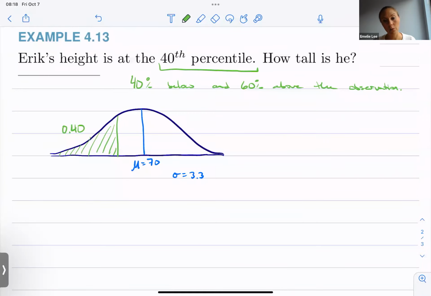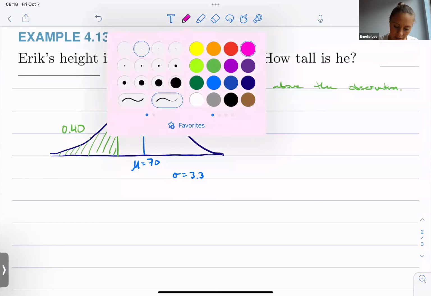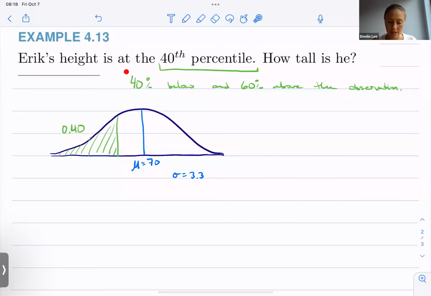0.4000, but let's just keep it like that. We're given the area under the curve, the probability. The probability of someone being shorter is 40%, or 0.4. So how tall is Eric?